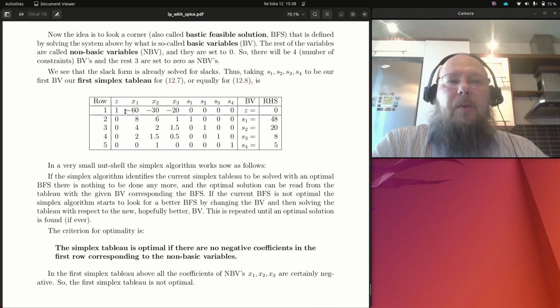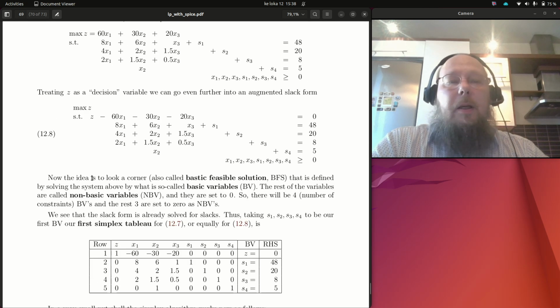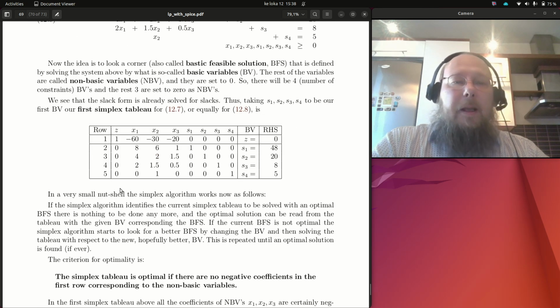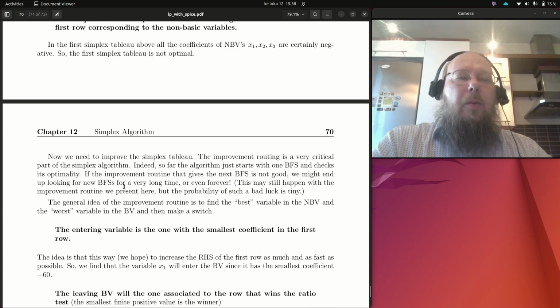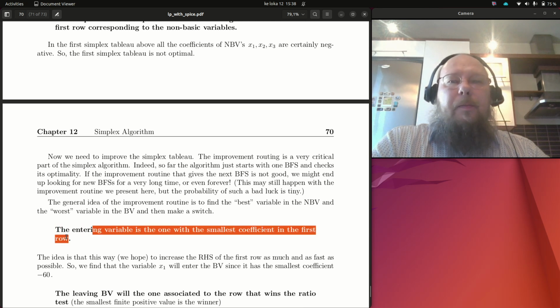Again here, x1 now, because this is written this way. If I increase x1, that becomes minus 60, that's 0, so this must increase in order to be in balance. And let me say it in another way. The entering variable is the one with the smallest coefficient in the first row.